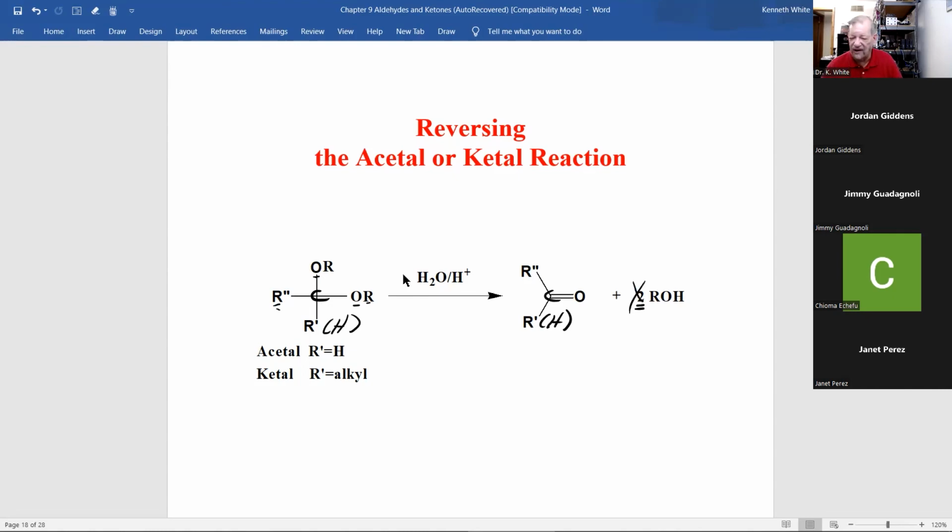You don't have to write it down, because on tests I ask, give the organic product or products for the following. So you don't have to put the 2 there.